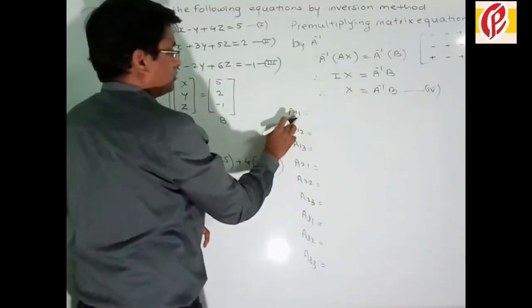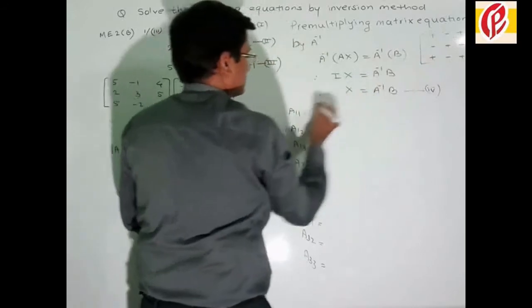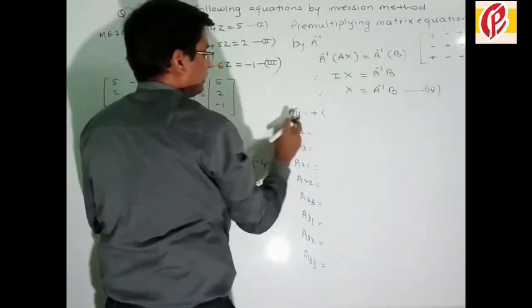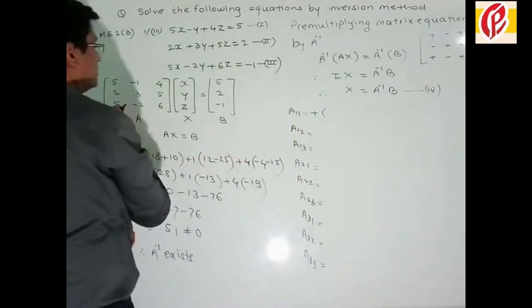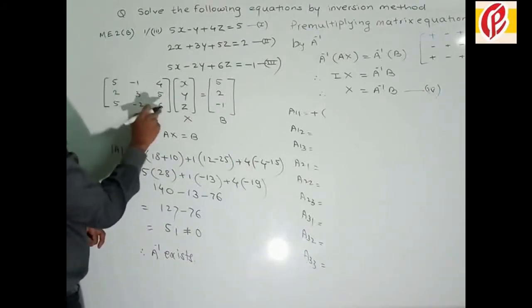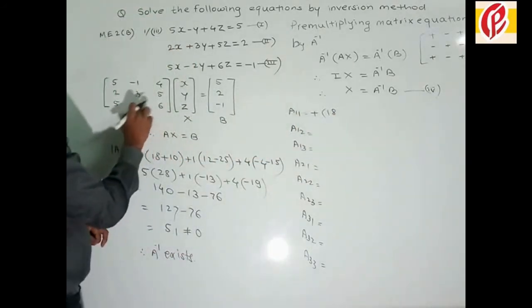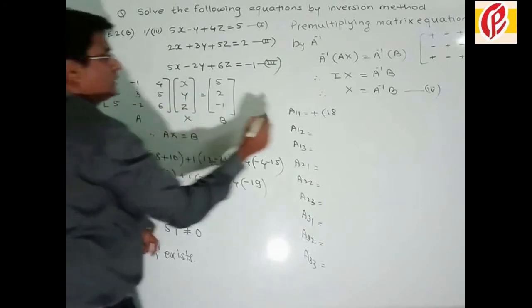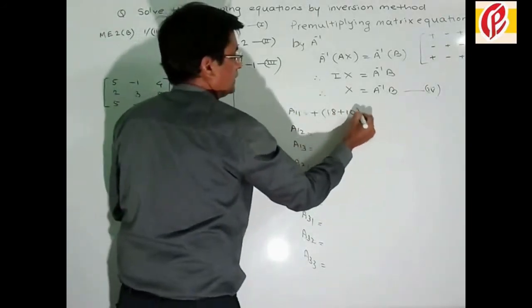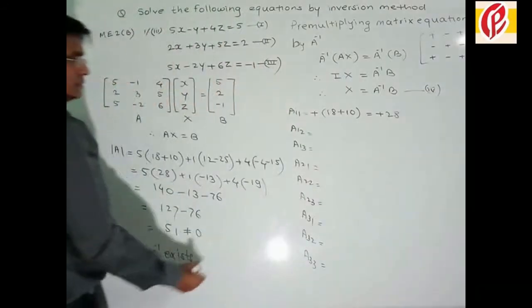Okay. So for A11 the sign is plus, and the minor of A11 means remove first row and first column. The elements are this one: 6 3s are 18, minus 2 into 5, minus 10, and minus minus plus 10. So you will get plus 28.